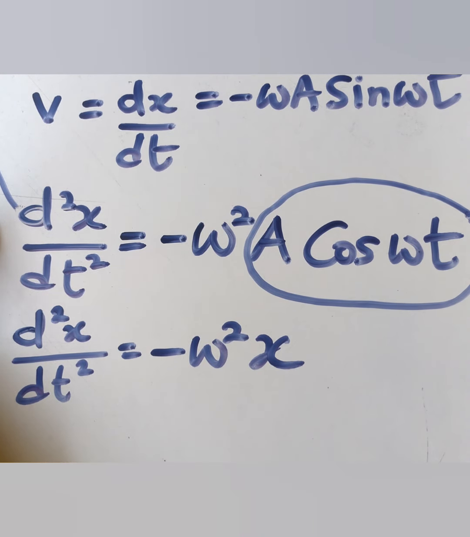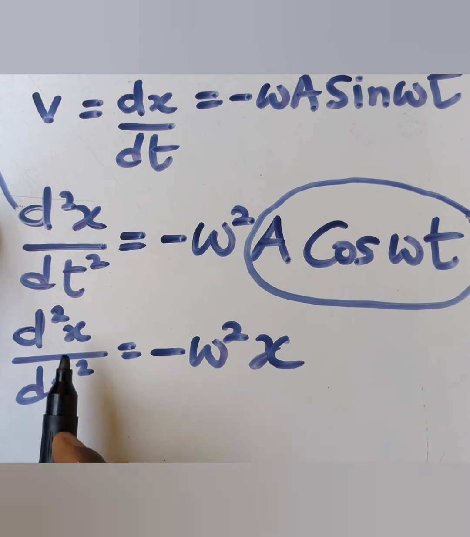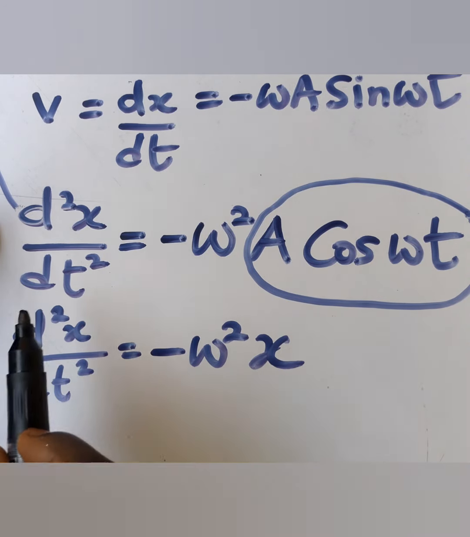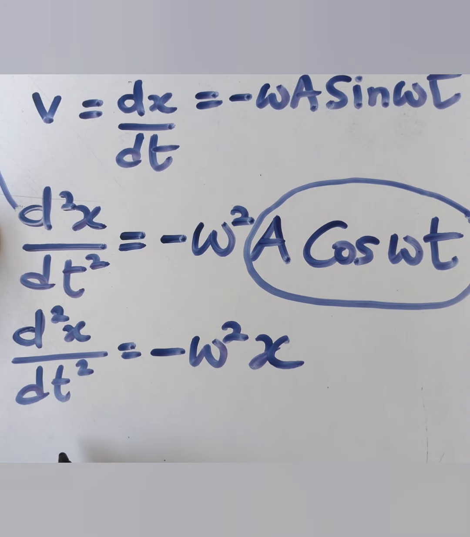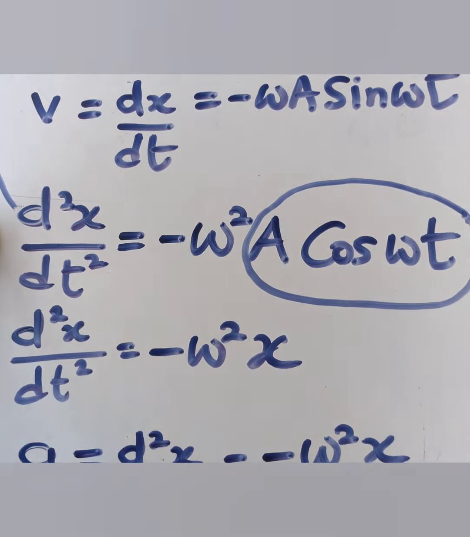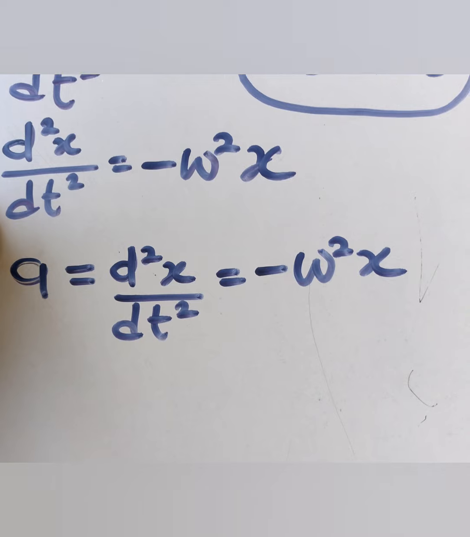Now, when we differentiate displacement twice like this, what do we have? We have velocity, then acceleration. Therefore my acceleration a is equal to d squared x divided by dt squared, which is equal to minus omega squared x.